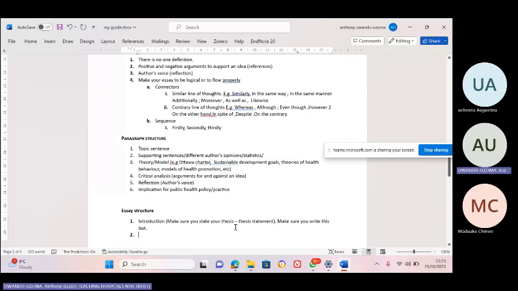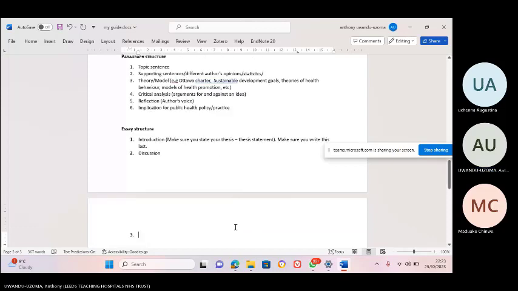The second part is your discussion, and the last part is the conclusion, as simple as that. In your conclusion, we echo the key points.